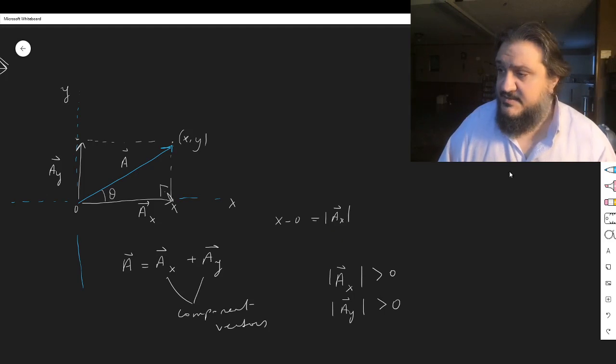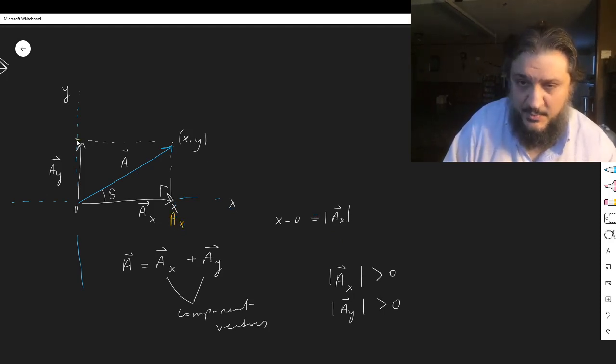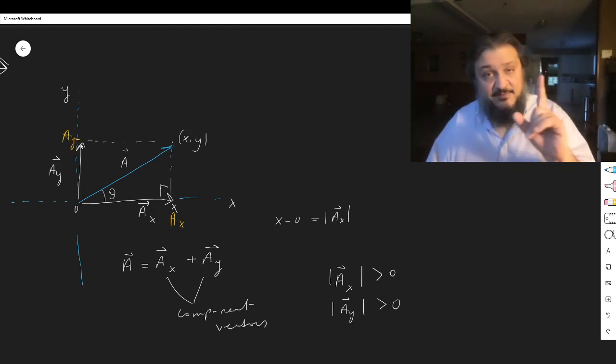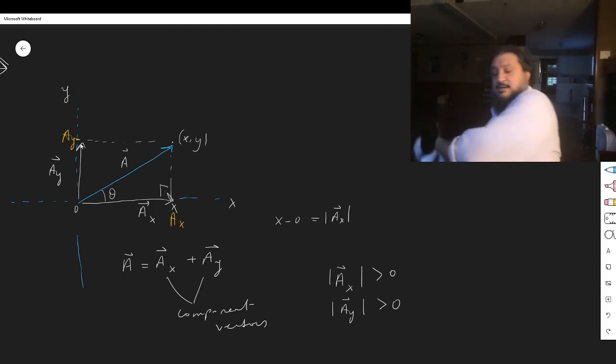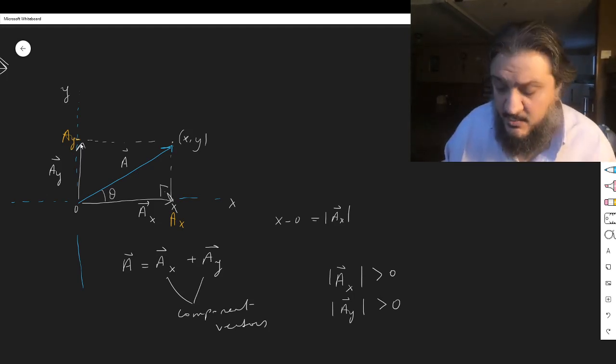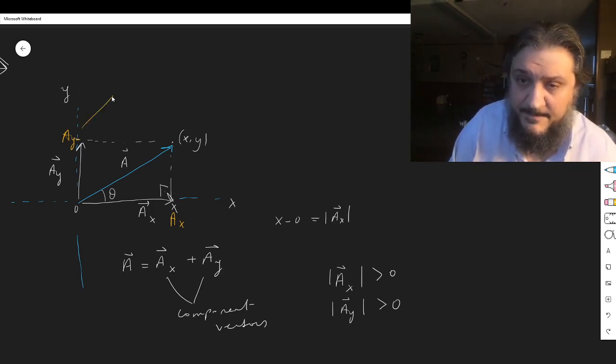So it doesn't hurt if I replace that x here with the number A sub x, and here this point is what I call A sub y. Not the vector, the magnitude of the vector. That is the scalar A sub y. So I'm going to call those the components. AY and AX are called components, not component vectors, but just the components.